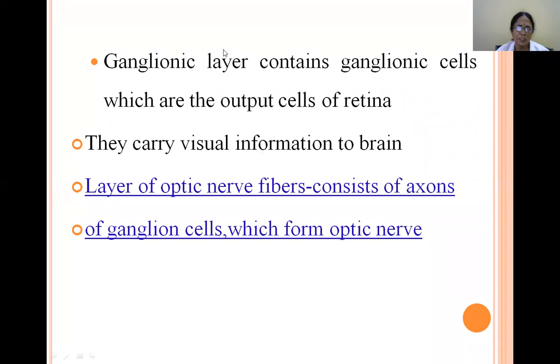The fibers of these ganglionic cells carry visual information. Optic nerve carries information to the brain. Area number 17 is the primary visual area. 18 and 19 are associated visual areas.